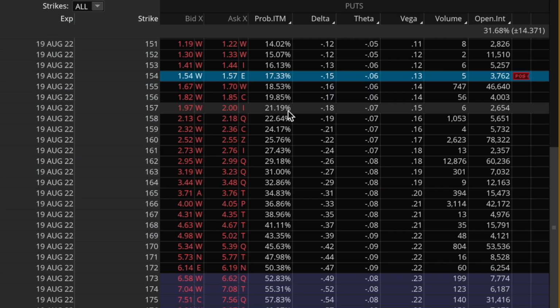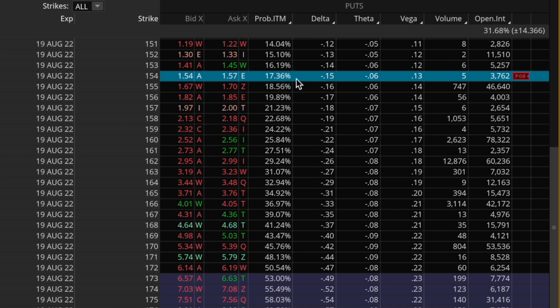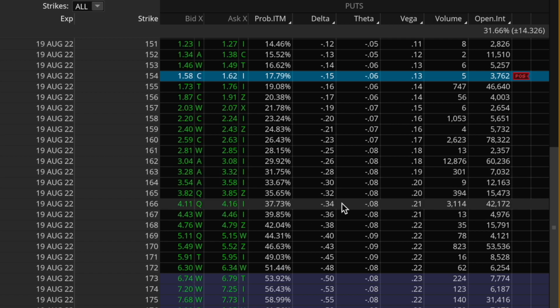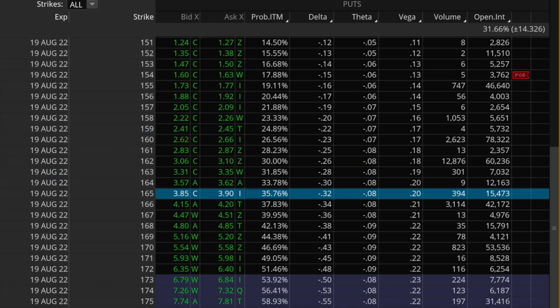So again, what I could do in that case is buy back my initial put option here and then sell a new put option much closer to the new price of IWM with also a larger delta. So perhaps I roll my put option all the way to the 165 strike now, which if at this point IWM was around 185 bucks per share, then the delta of this put option might be around 20 or so.